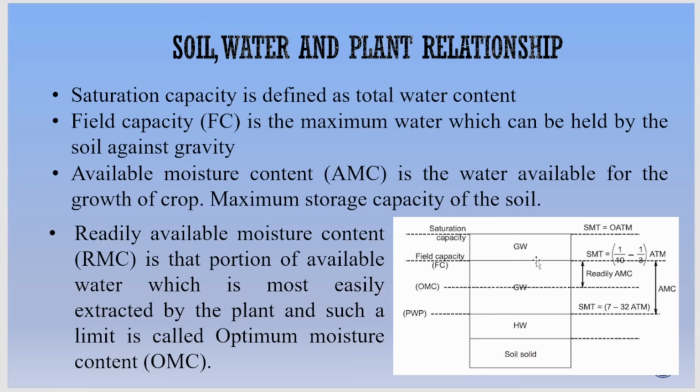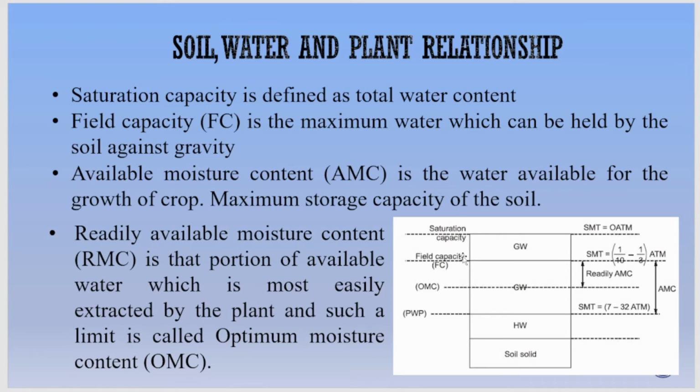Once you saturate the soil, because of the gravitational force the water will go away and there will be some air left over in the voids. That part we call field capacity. The water that is exactly at field capacity will not seep because of gravitational forces.